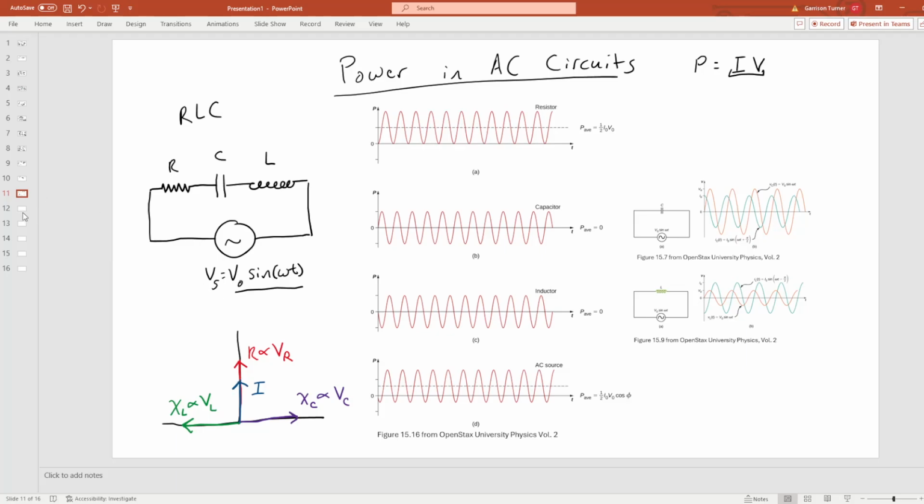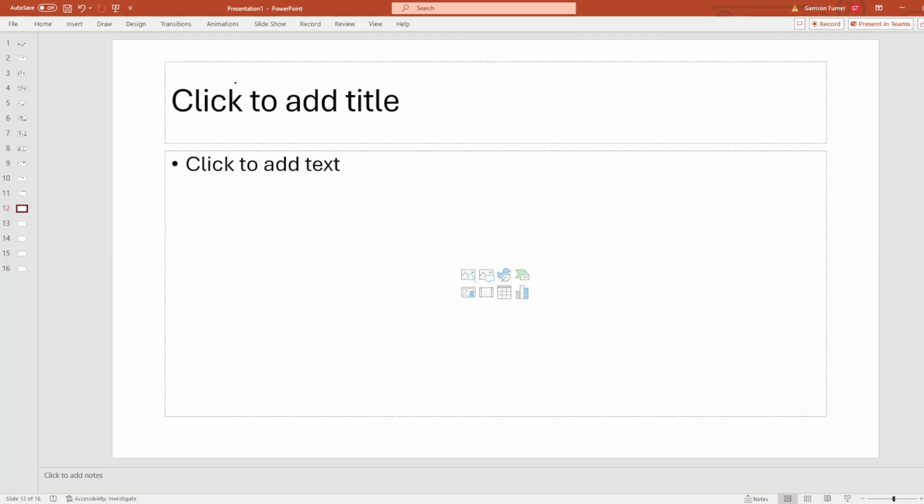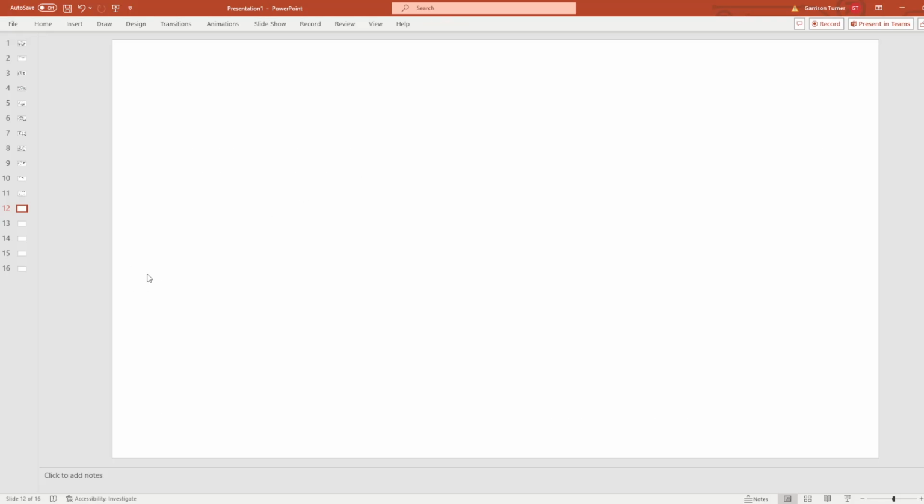So what that means is if my current has this form, where we have the phase factor in here, remember that our phase factor is the difference between our reactances divided by the resistance, take the tan inverse of that.